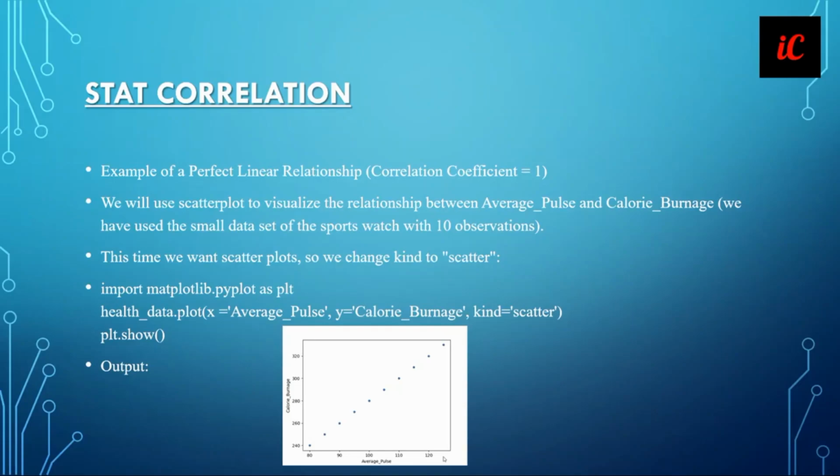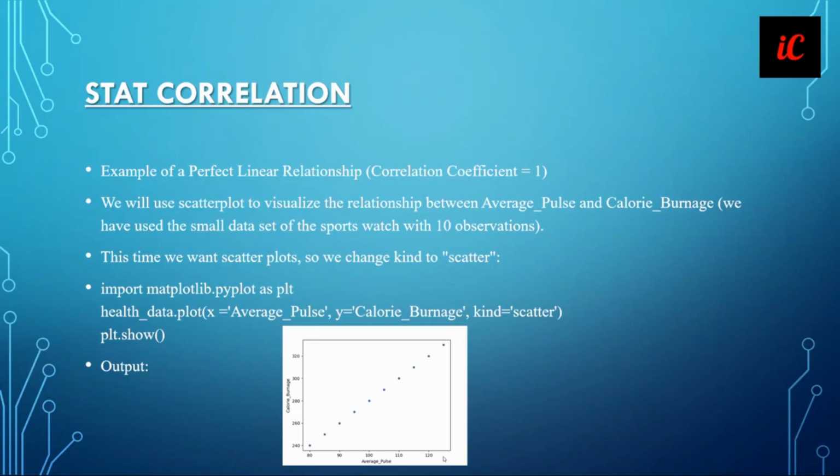This time we want a scatter plot, so we change the kind to scatter. In that case, you have to provide the relationship between the average pulse and the calorie burnage. So here we will write the code.